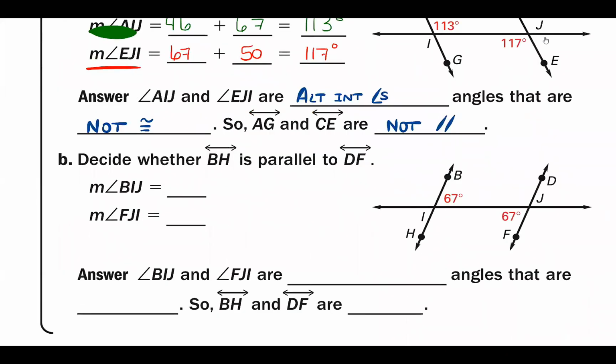All right. What about BH? BH parallel to DF. What do you think there? What's the angle measure of BIJ? 67.